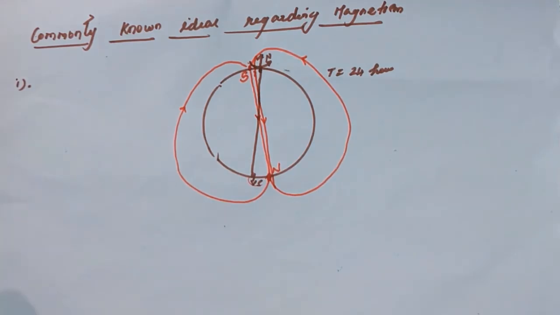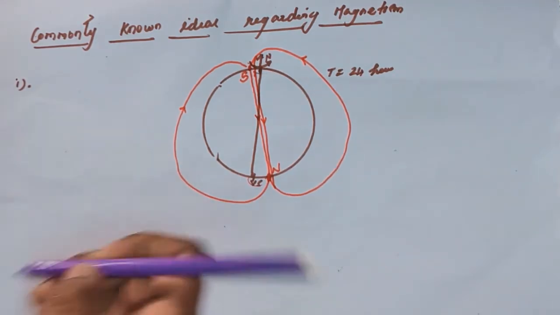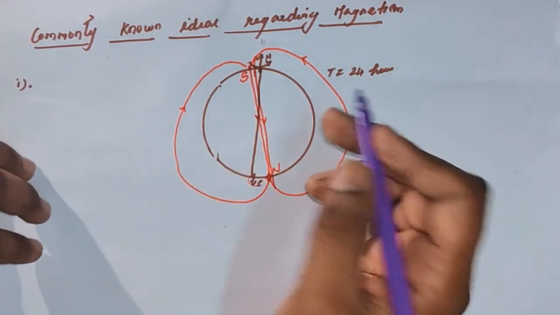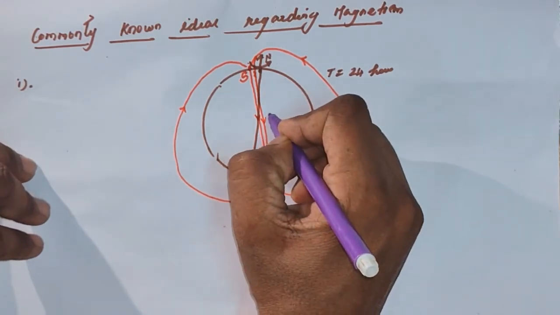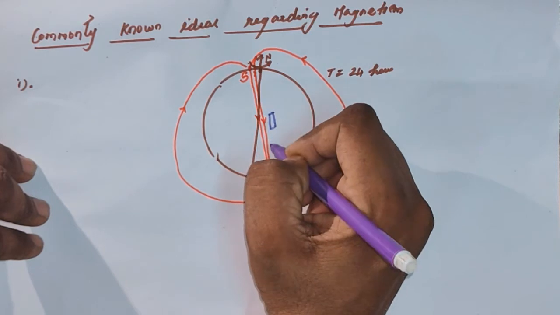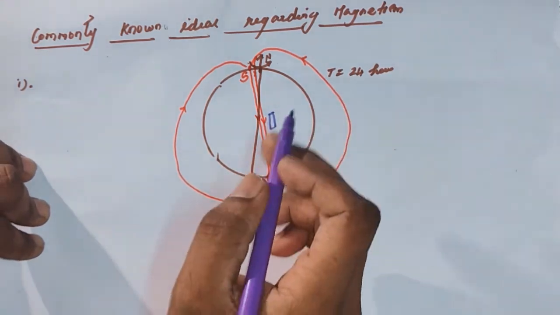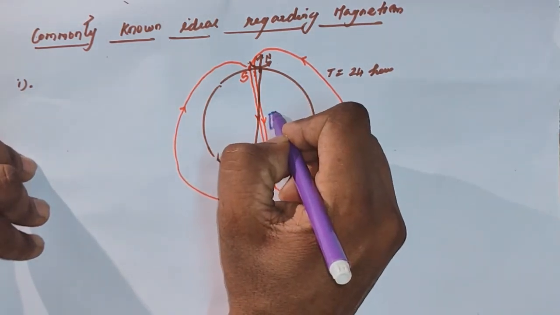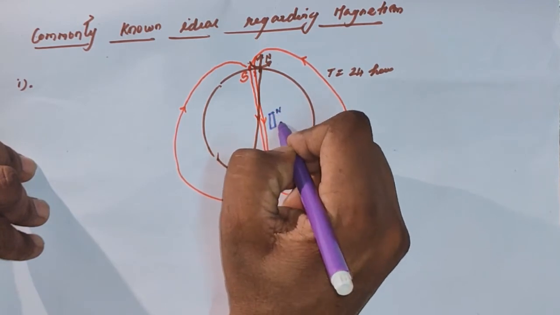Now suppose you keep a bar magnet here along the Earth's magnetic field. What would happen? This magnet has a north pole as well as a south pole.